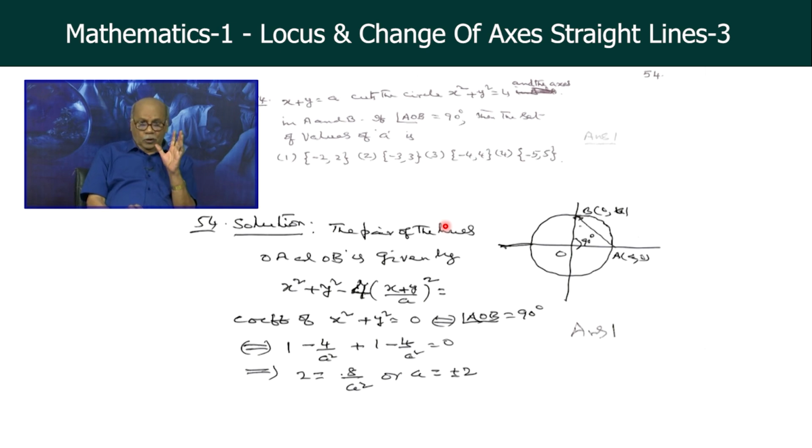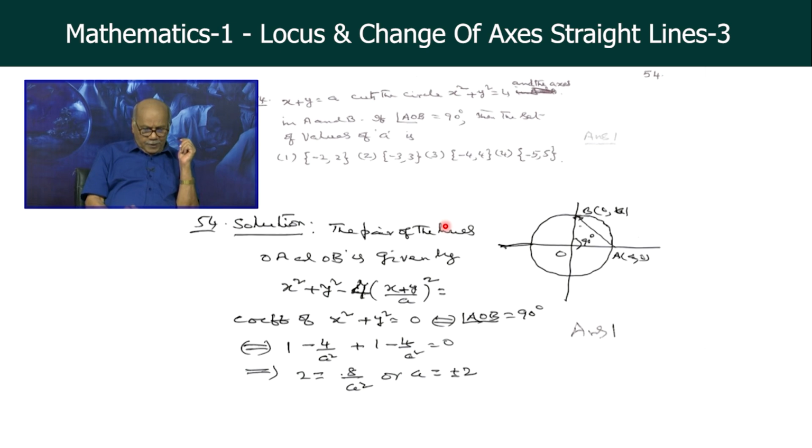This is the homogenization process. By homogenizing this curve equation with the straight line equation, you will get the combined equation of the pair of lines joining the points A and B with the origin.